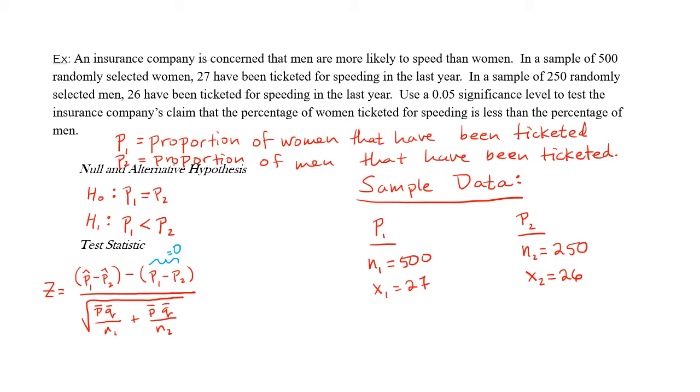Now, before we can use this formula to find the test statistic, we would need a couple of things. We would need P1 hat, P2 hat, and we would also need P bar and Q bar. So let's see how those values would be computed. P1 hat would be X1 over N1, so 27 over 500, which gives me a value of 0.054.